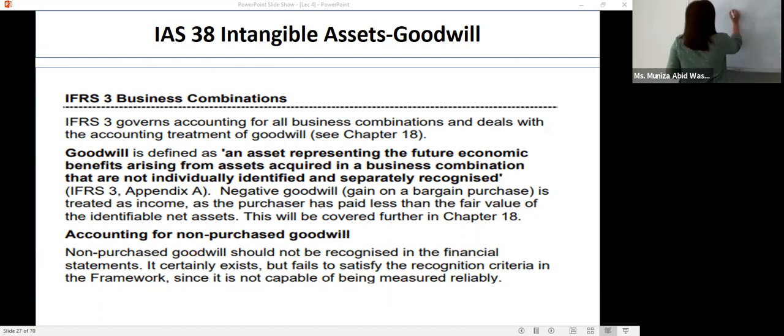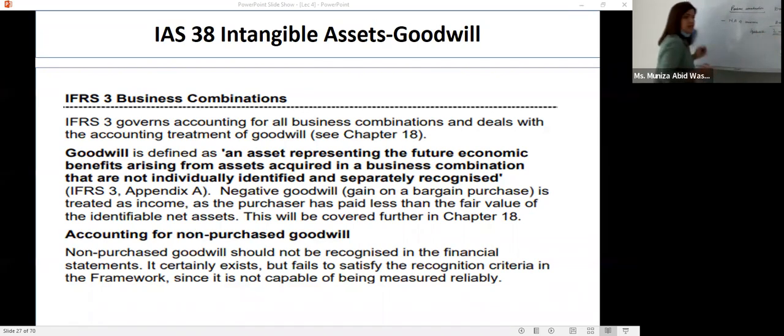So when we are paying a purchase consideration to purchase a business, say, for example, we are giving a consideration of $10 million for an already running business, but the net assets of the subsidiary purchased are only $8 million, it means that the $2 million extra which we are paying is for goodwill.